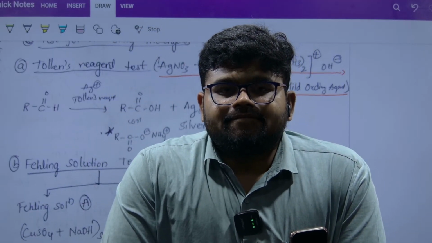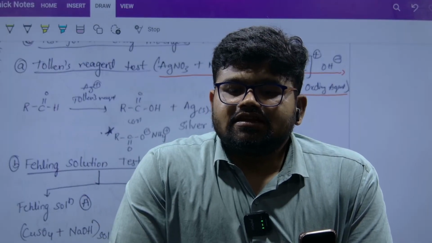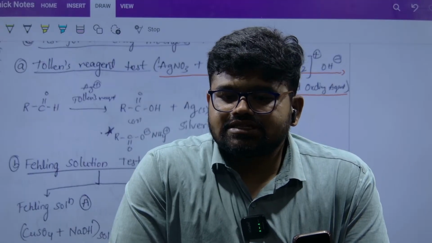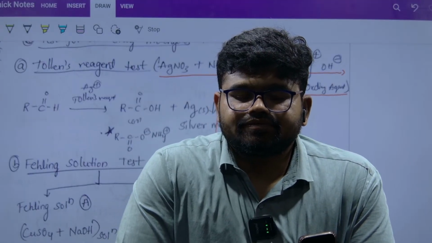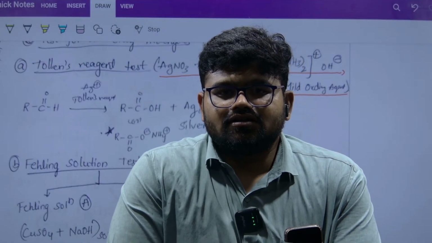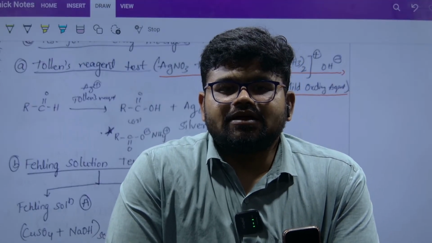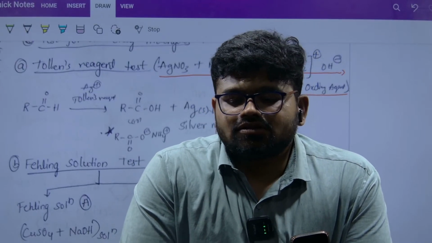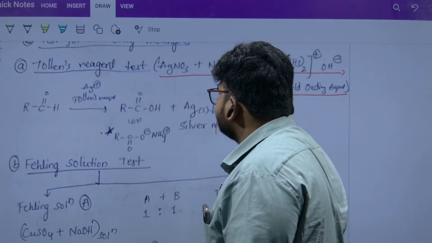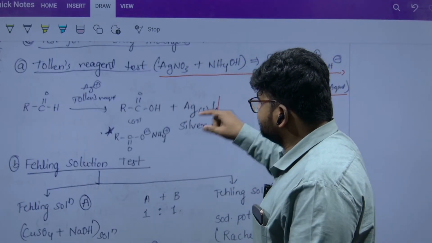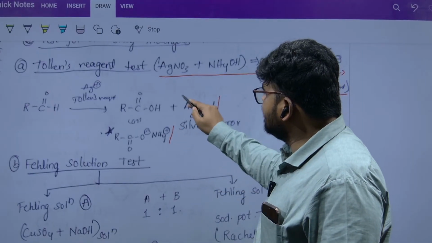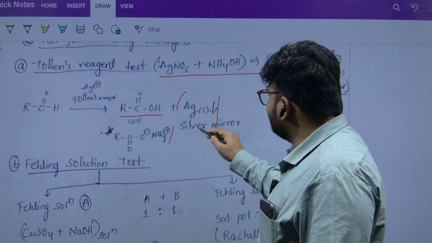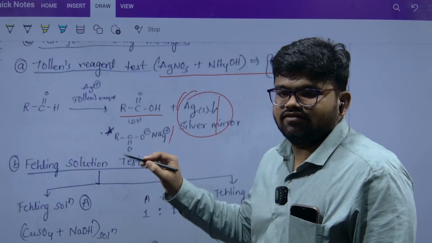They are converted into carboxylic acid. But for example if you use this one for ketones, is this reaction possible? Why not for ketones? They do not get oxidized easily. There should be a hydrogen first for easy oxidation, right or not? Yes sir. So that's why you won't take this part. So with Tollens reagent, finally by oxidation reaction carboxylic acid will be formed, and finally it is going to give Ag, a silver mirror.